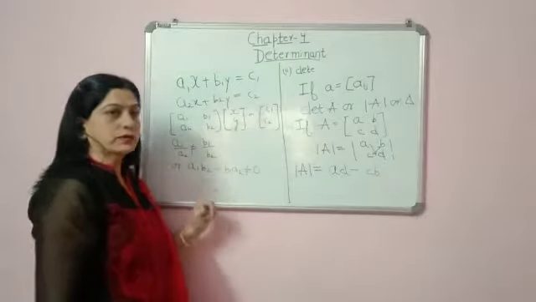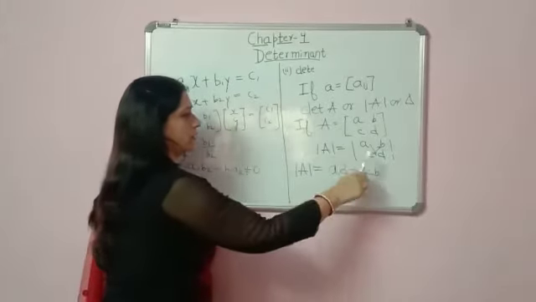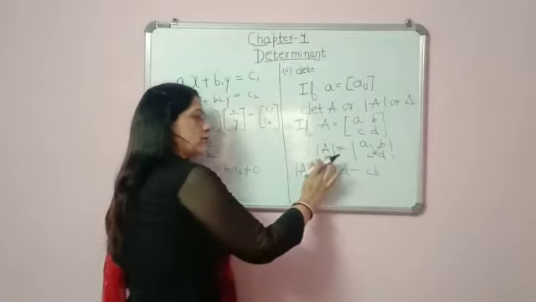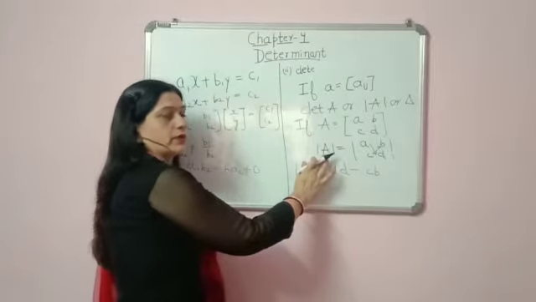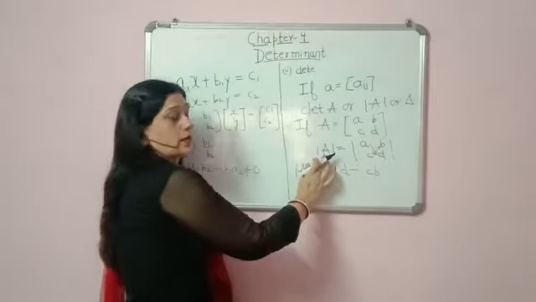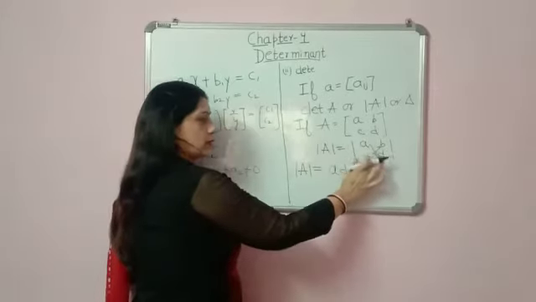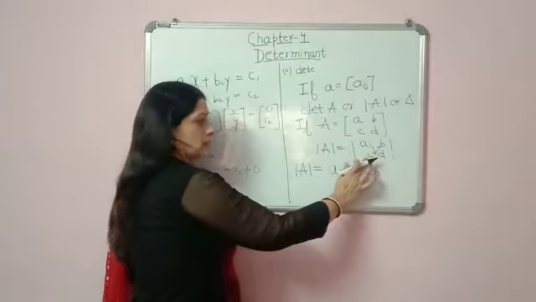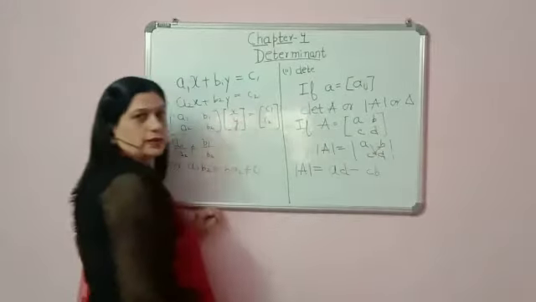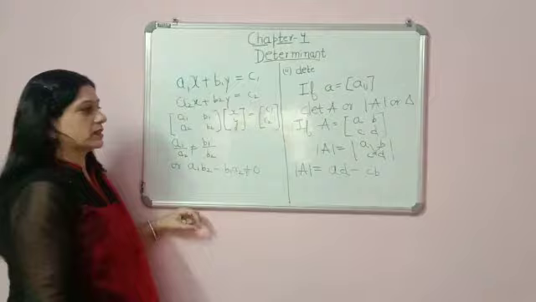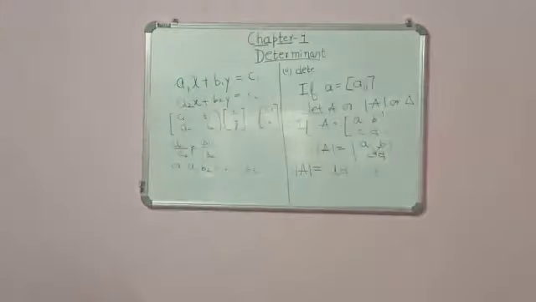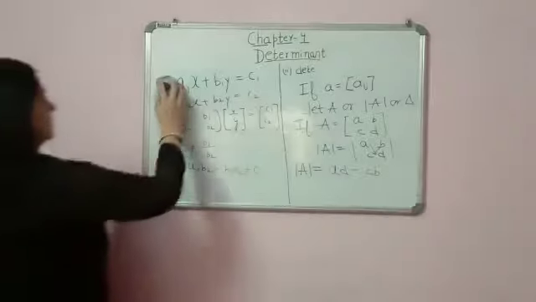So this is the value of determinant of A. You can get the value of any determinant of order 2 by multiplying the diagonal elements and then finding the difference from the product of the other diagonal elements.